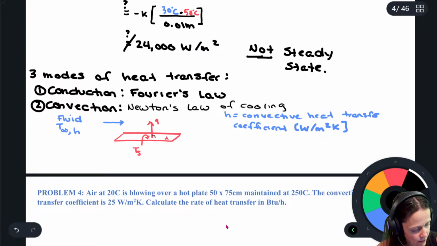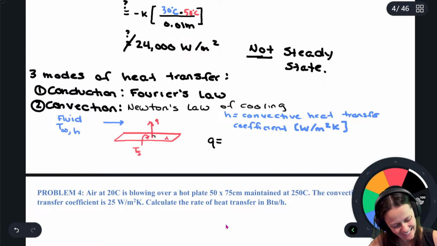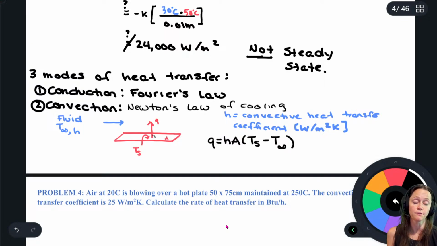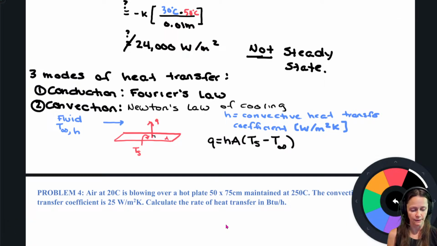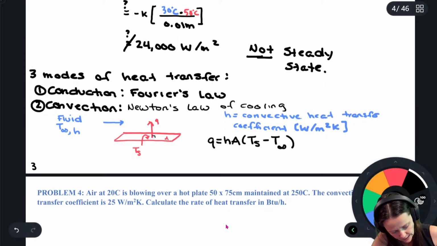Q is equal to H times A times TS minus T infinity. T infinity being the free stream temperature of that fluid, and TS being the surface of your plate. And again, yes, there's radiation. It's coming, but not quite yet.